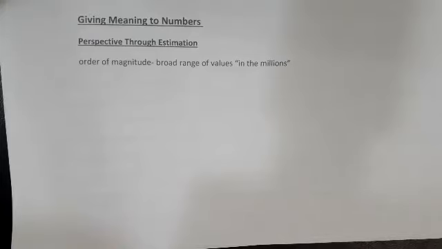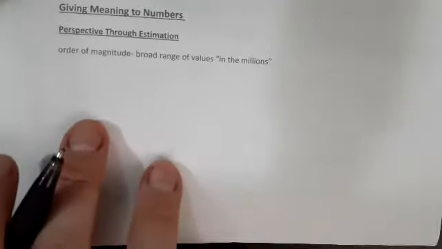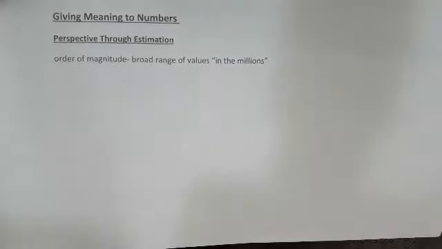Okay, so we did a little bit with scientific notation. Now we're going to do the 3 things with perspective. The first thing is perspective through estimation, giving meaning to numbers. So, order of magnitude. This is like what we were doing with that first problem with the tons of garbage in San Antonio. These are broad ranges of values, like the powers of ten, in the millions and the thousands and the hundreds.